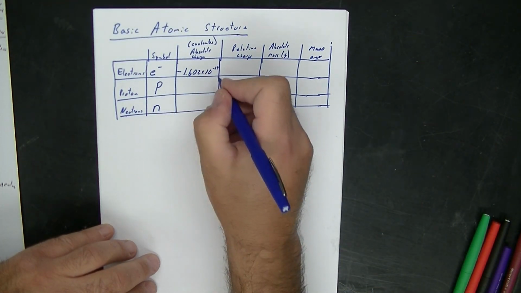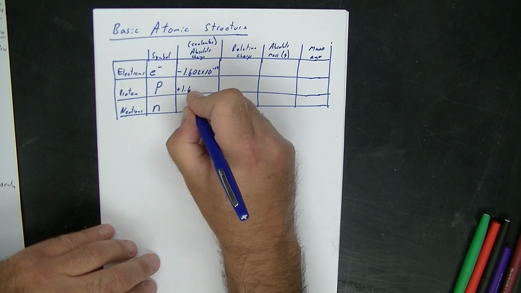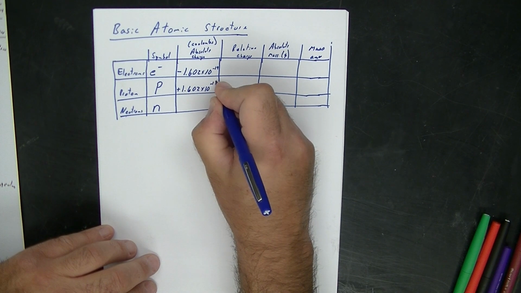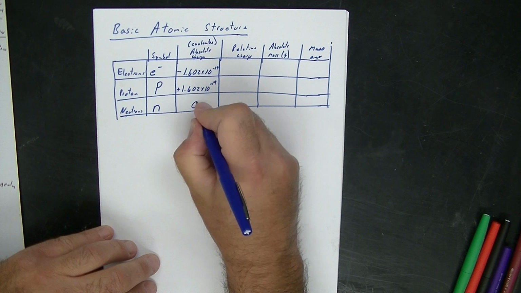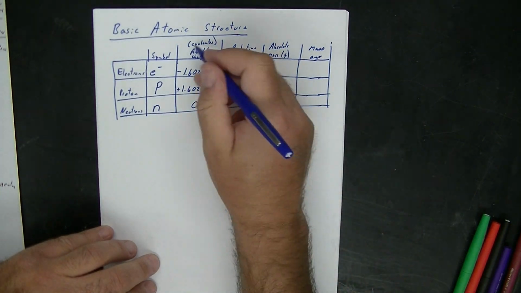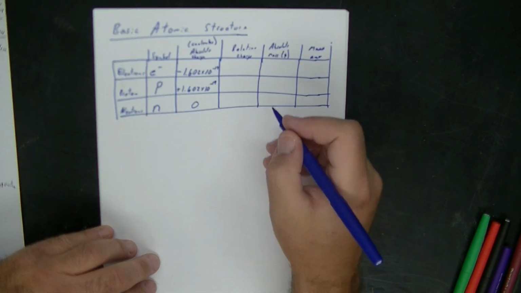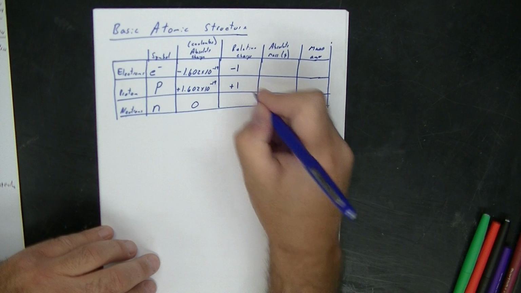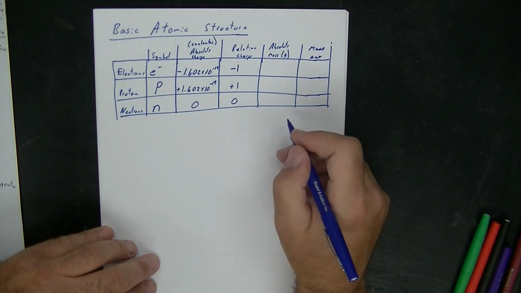And then a proton is the exact opposite of that, positive 1.602 times 10 to the negative 19th. And then neutrons are still neutral. Okay, so this is absolute charge. Relative charge is relative to each other, so that we say an electron has a minus 1 charge, protons have a plus 1 charge, and neutrons are still neutral.